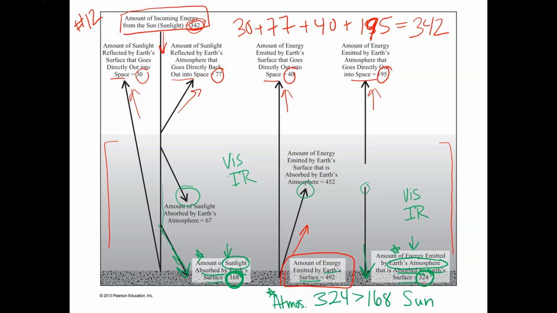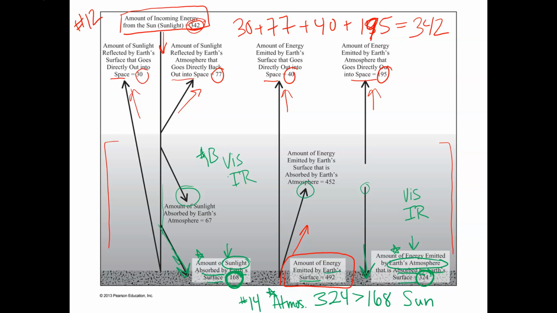Okay, 15. So this was number 14. This one was number 13. That looks like a B. Number 15. Due to the light absorbed by Earth's surface that was emitted by Earth's atmosphere, is Earth's temperature near the surface going to be warmer or cooler than it would be without this absorbed light?